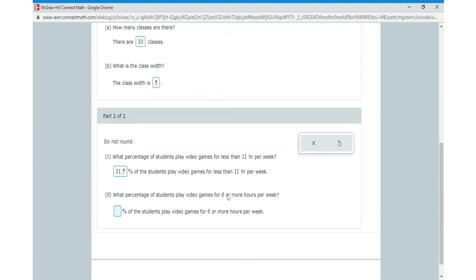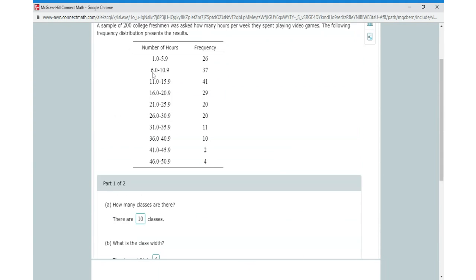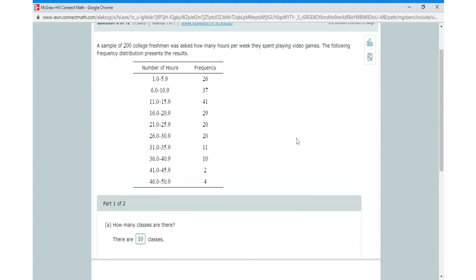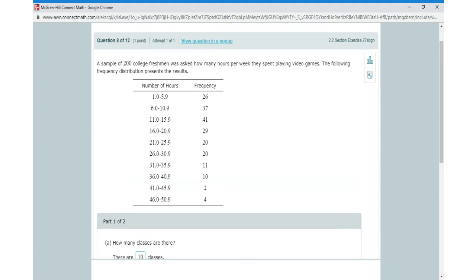What percentage of students play video games for 6 or more hours per week? So we've got to make sure we identify the one we want. 6 or more is everything but this one. Okay? 6 or more is everything on down. The easy way to do that is, you know, they add up to 200. So you're just going to take the, and this is what I was trying to do with that one that was a chart, I'm going to subtract 26 from that.